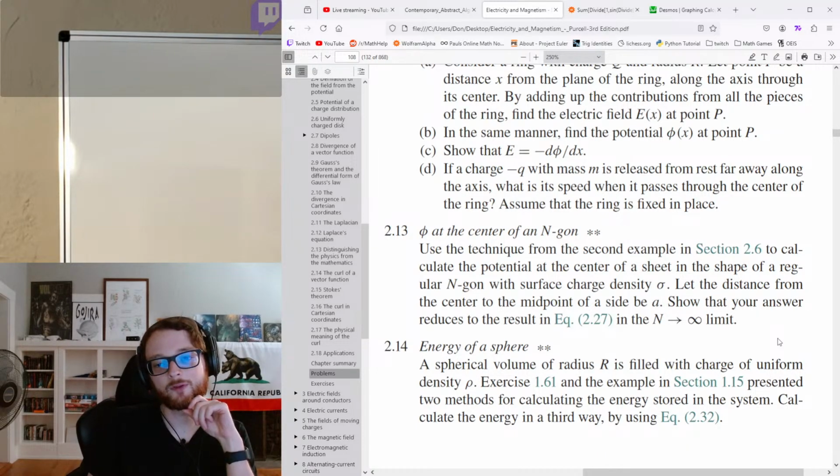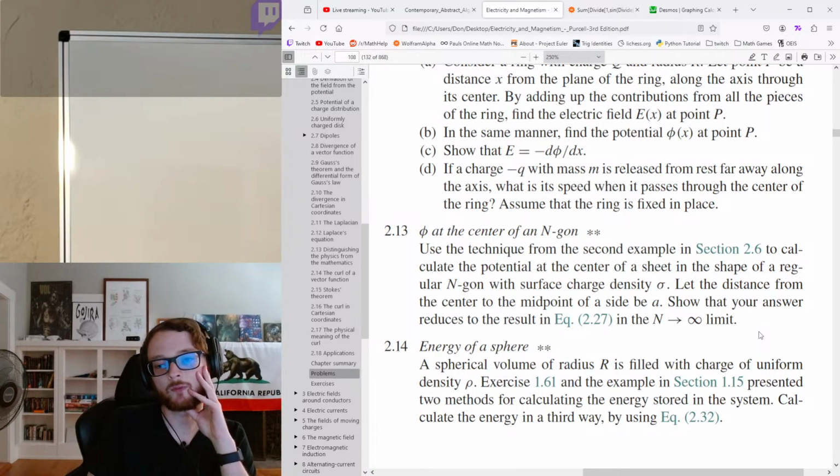Use the technique from the second example in section 2.6 to calculate the potential at the center of a sheet in the shape of a regular n-gon with surface charge density sigma. Oh, okay. When I saw the title of this problem, I thought there would be one charge at each vertex. You know, they're talking about a continuous distribution, so it's filled in.